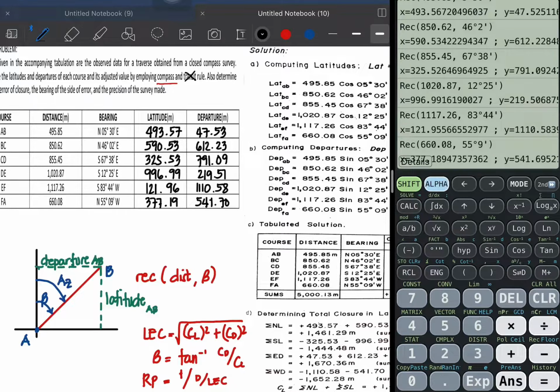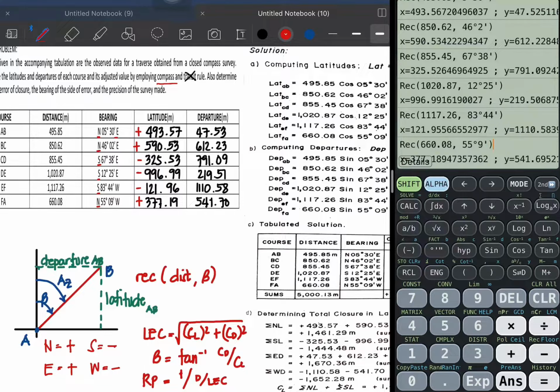By the way, we have the sign convention for north, that is positive, south, that is negative, for east, that is positive, for west, that is negative. So that is north, so positive. North, positive. South, negative. South, negative. North, positive. That is for the latitude.